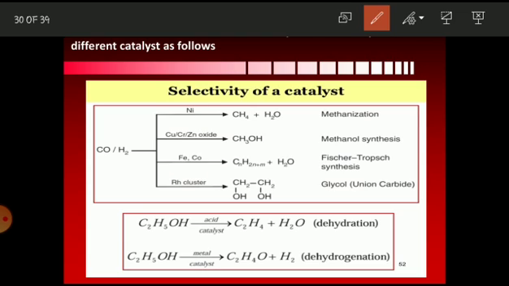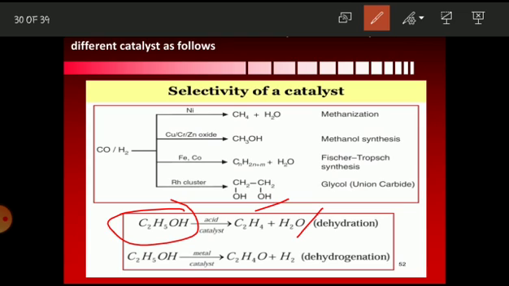Got it? The next one, when ethyl alcohol, that is C2H5OH, undergoes dehydration in the presence of an acid catalyst, then we'll get ethene and water as a byproduct.